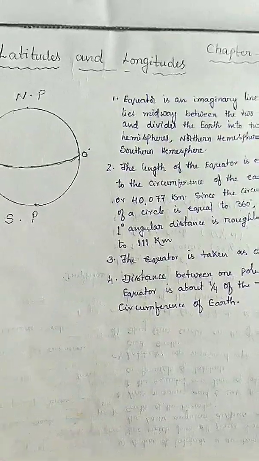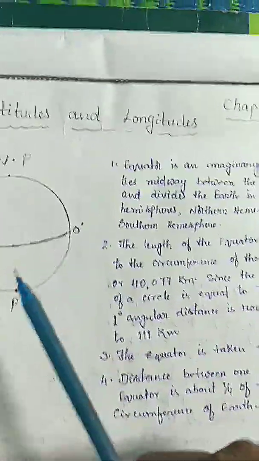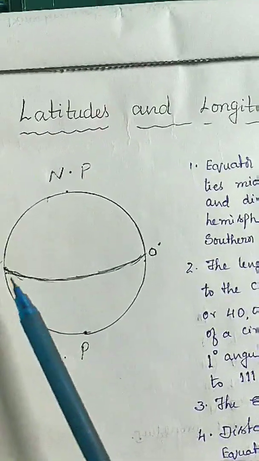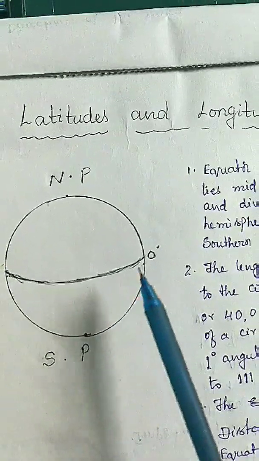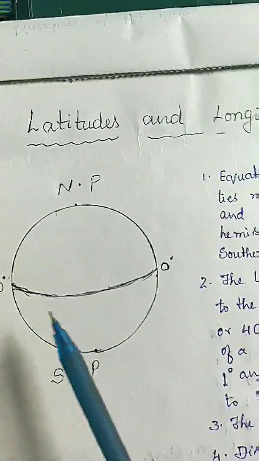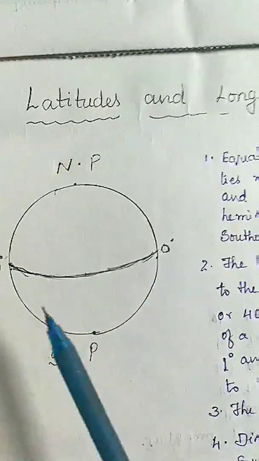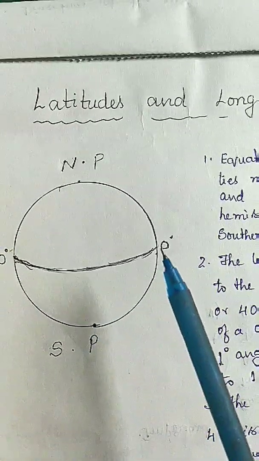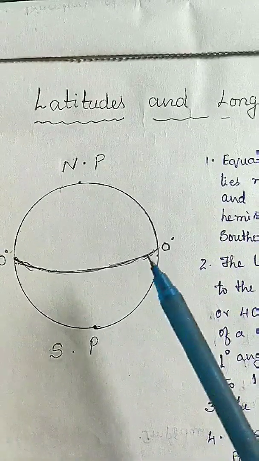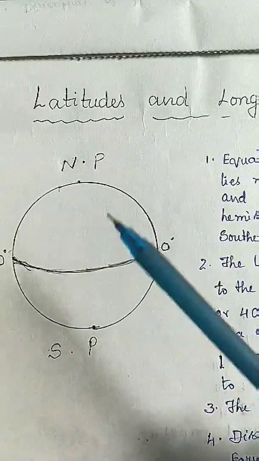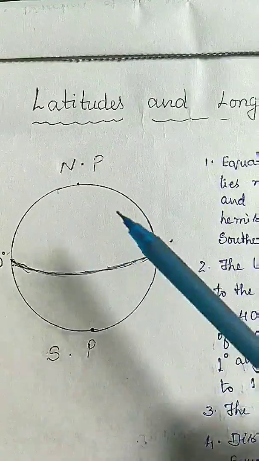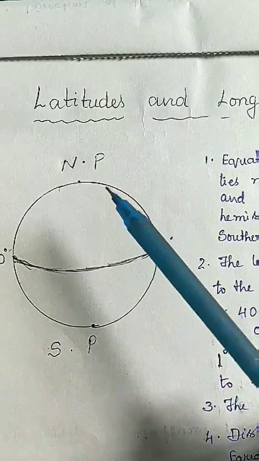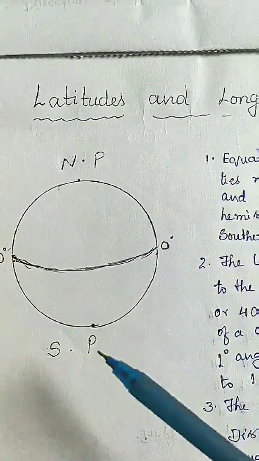If you look at here, this is the equator, the longest circle which exactly divides the earth into two spheres. One is northern sphere and the other is southern sphere.